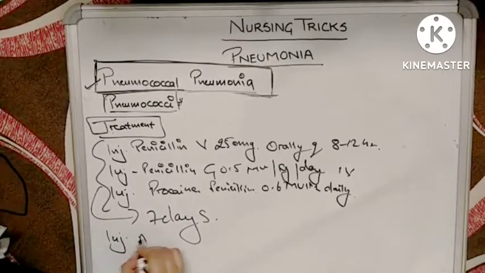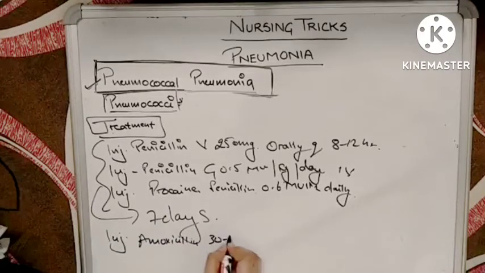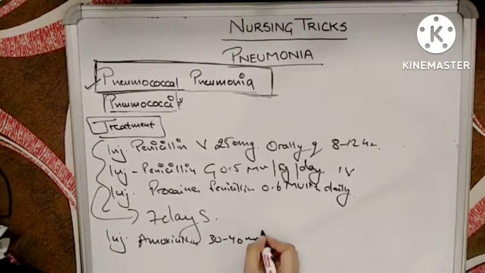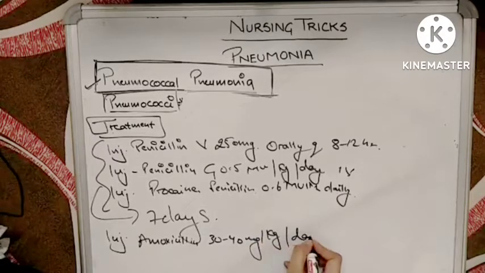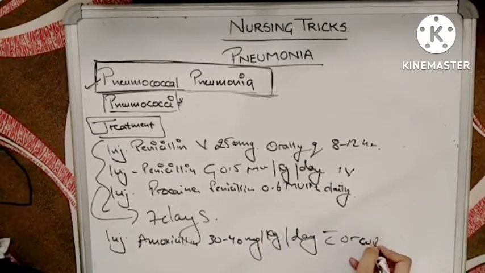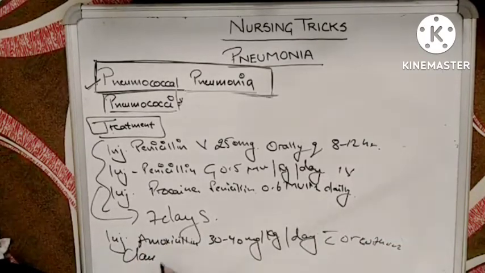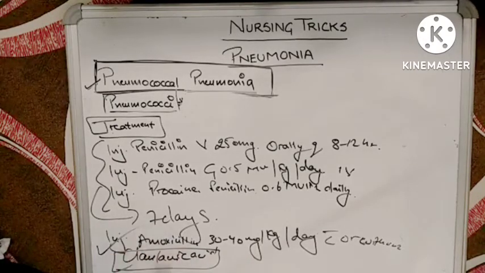Also amoxicillin 30 to 40 milligram per kg per day, with or without clavulanic acid, which is an alternative. Clavulanic acid can be given as a treatment for this disease.